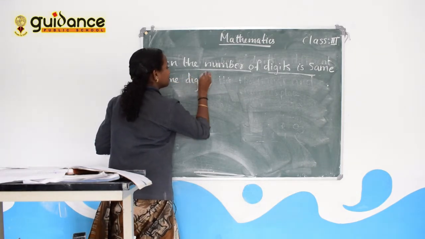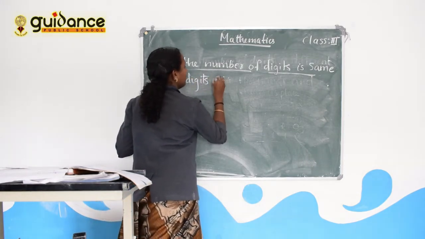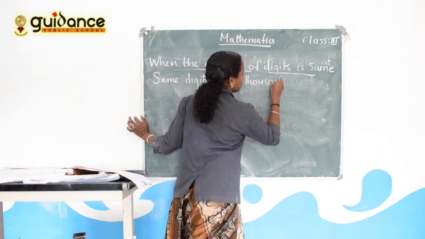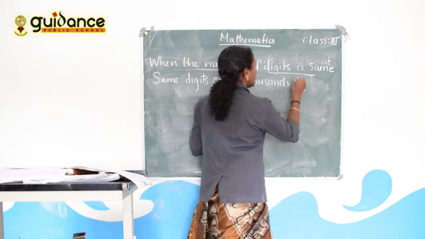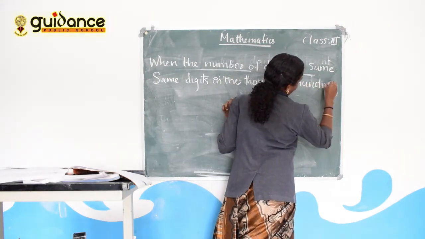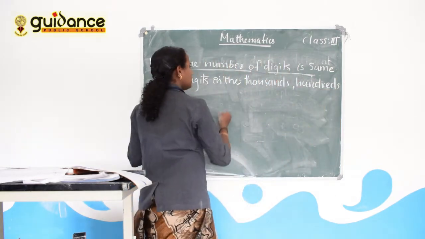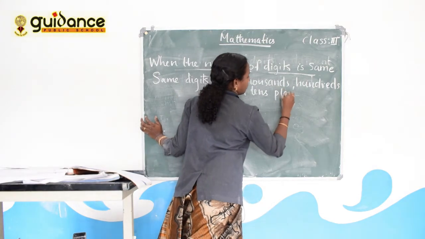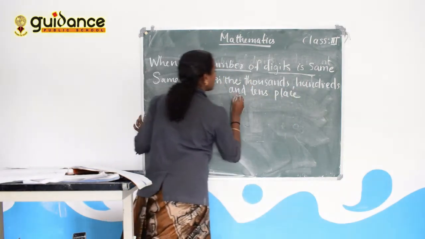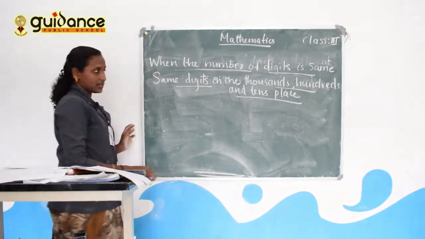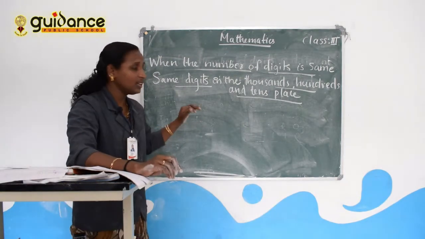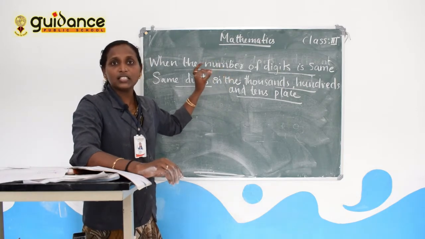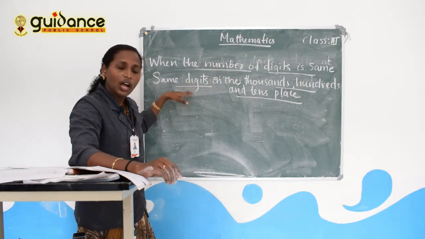Then, the next case: same digits in the thousands, hundreds and tens place. So in this question, the thousands place, hundreds place and tens place are equal. I'll give an example.